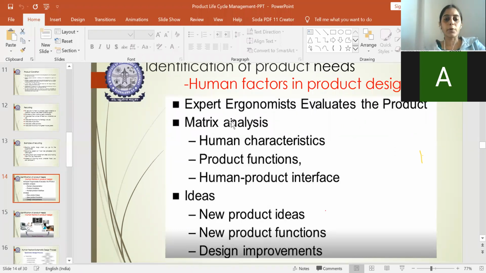And also there will be various analysis aspects associated with the product design. One is the human characteristics which are needed so that it will be comfortable for that particular product. What are the product functions associated, and how the human and the product interface takes place.